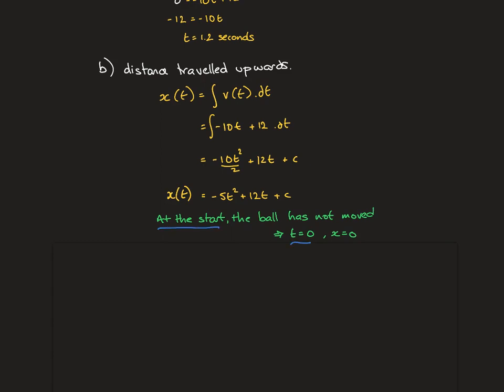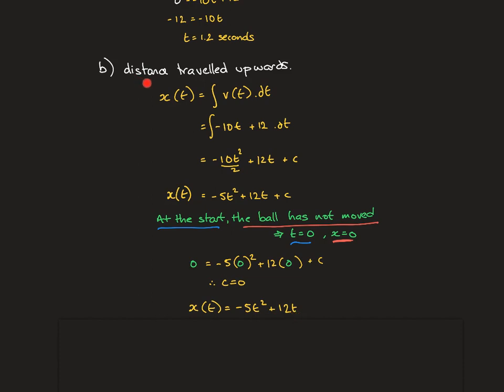Our displacement is equal to 0. So now we can substitute those into our displacement formula, and we get c is equal to 0. And so our displacement formula is now simply x of t is minus 5t squared plus 12t.